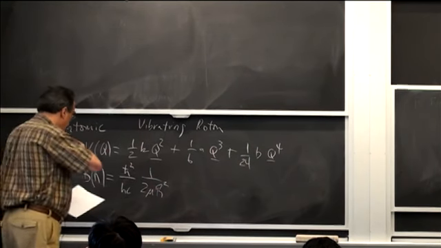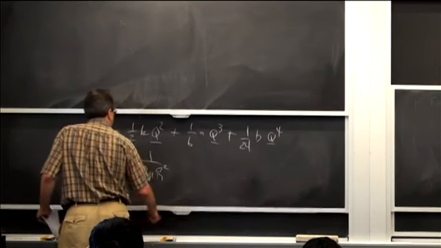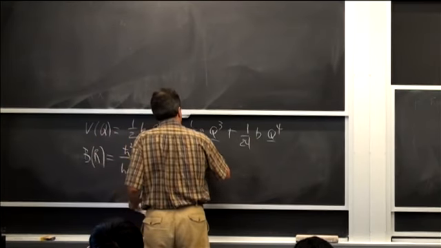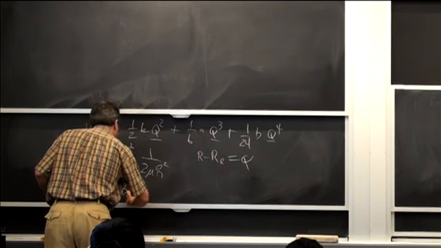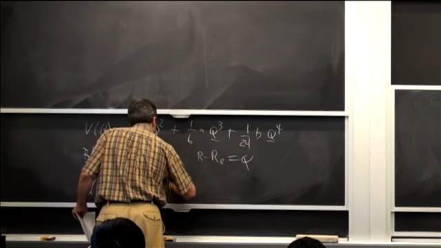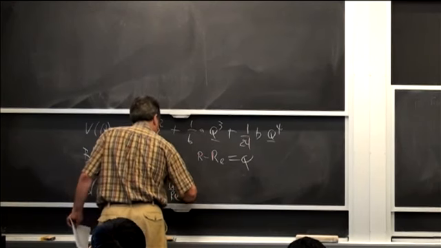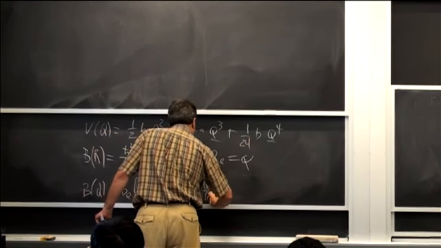Okay, so we write B of r by saying r minus re is q. We write B of r and we do a power series expansion, and we get Be times 1 minus 2 q over re plus 3 (q over re) squared.